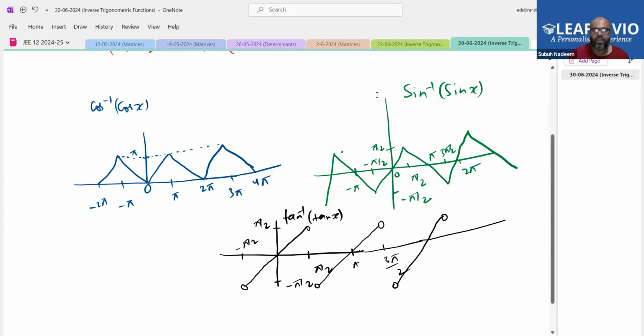Have you drawn these graphs, Rishita? What's that? Have you drawn these graphs?